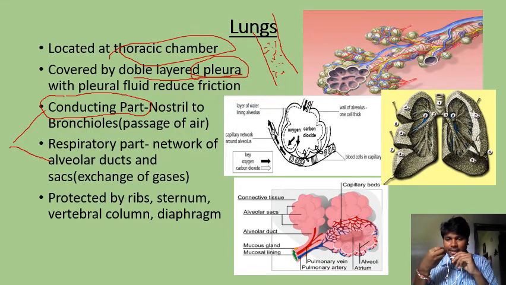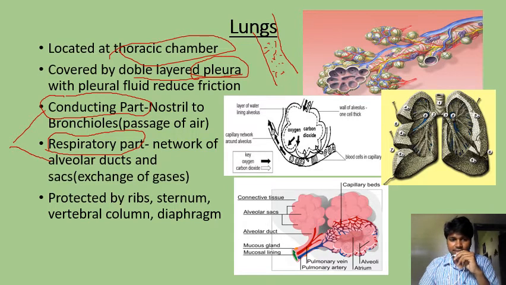Nostrils, nasal cavity, bronchi, bronchioles, primary, secondary, tertiary and terminal bronchioles. All this tubular network makes the conducting part through which the air passes into the lungs. The actual and most important part of the lung is the respiratory part. Here you find alveolar sacs and alveolar ducts. This is the place where the actual exchange of gases takes place.